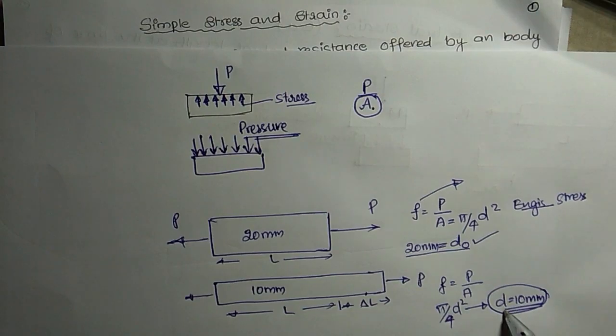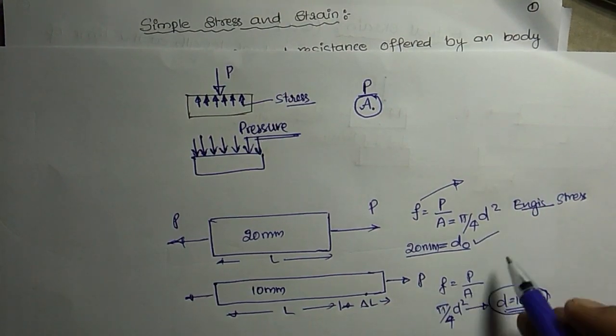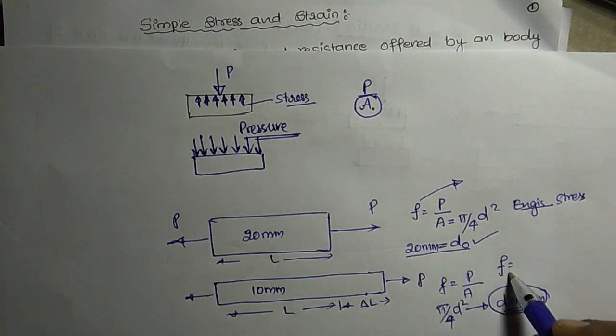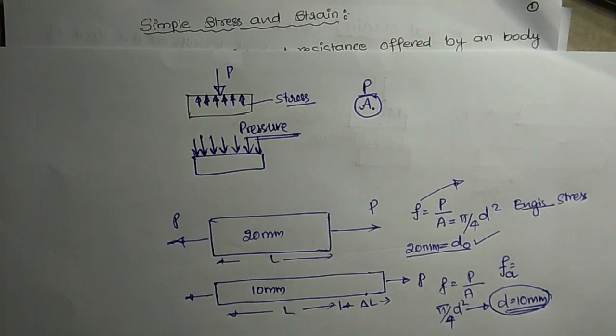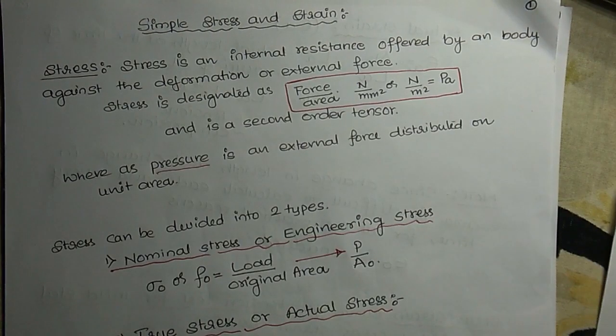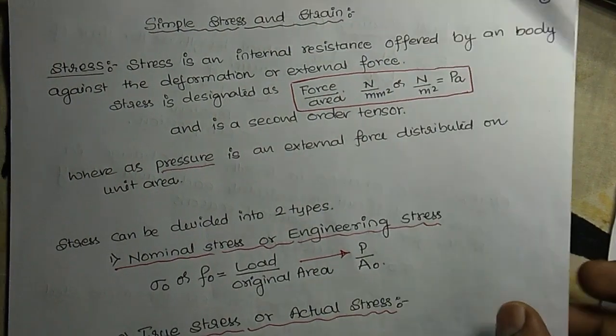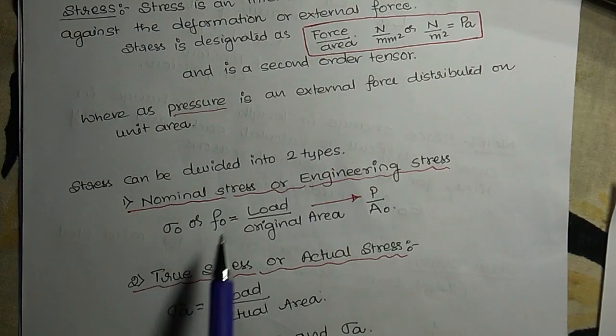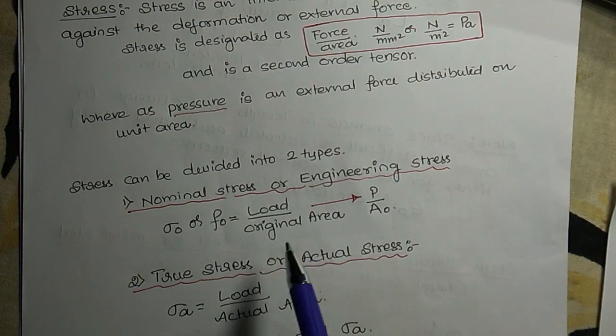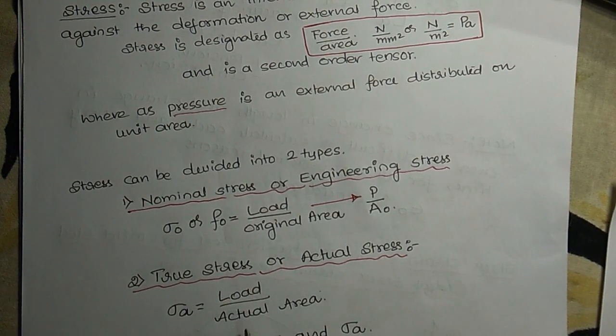Hence, if you consider this diameter for the calculation of stress, then the stress we get is the actual stress. So it can be mainly divided into two types: one is normal stress, the second is true stress. Normal stress is directly load by area, whereas true stress is load divided by actual area.